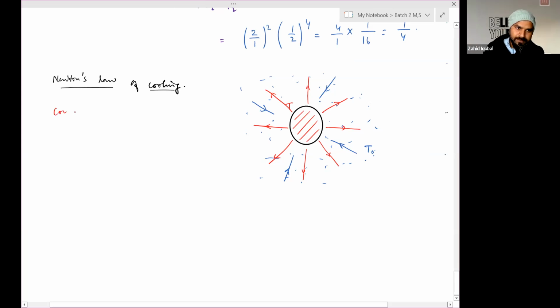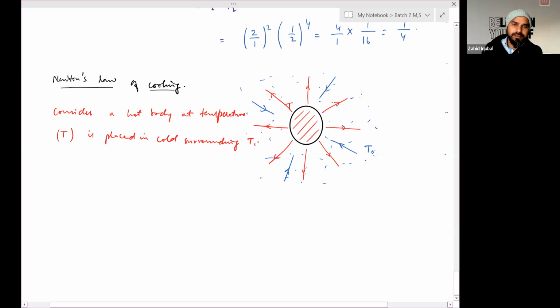In this part, I have just considered a hot body, which is not a black body, at temperature T, placed in a cold surrounding at T naught.